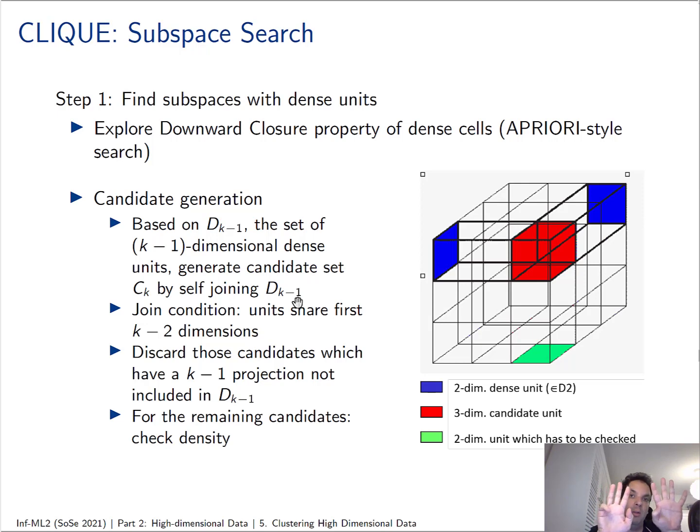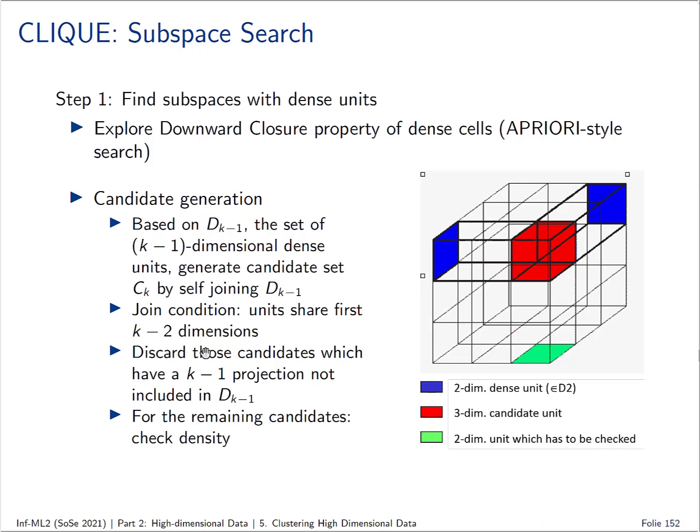The 5th dimension could be anything, but if they have the same first 4 dimensions, we join them. And the join is obviously the first 4 plus the 2 that are missing. So that is the candidate generation, the self-join of the k-1 dimensional grid cells, 5-dimensional grid cells, to form the k-dimensional candidates, 6-dimensional candidates in that case.